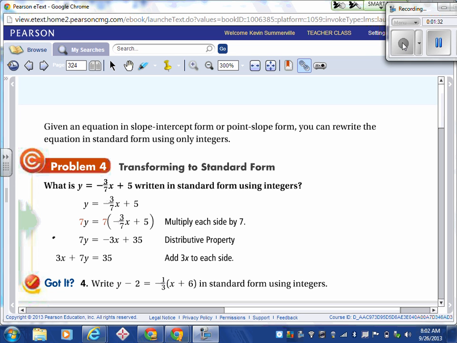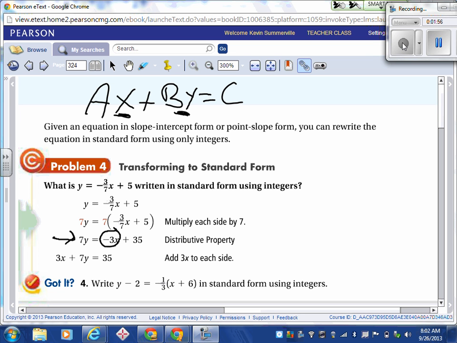Next step, we have this equation right here, 7y equals negative 3x plus 35. I need to move the negative 3x to the other side because our standard form is ax plus by equals c. Notice that the x and the y are on the same side.